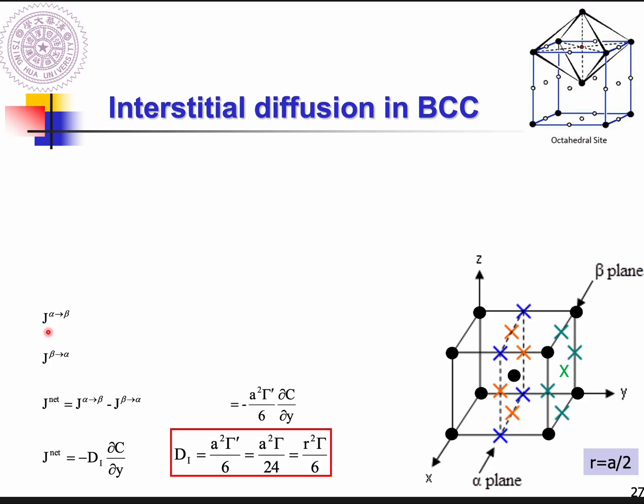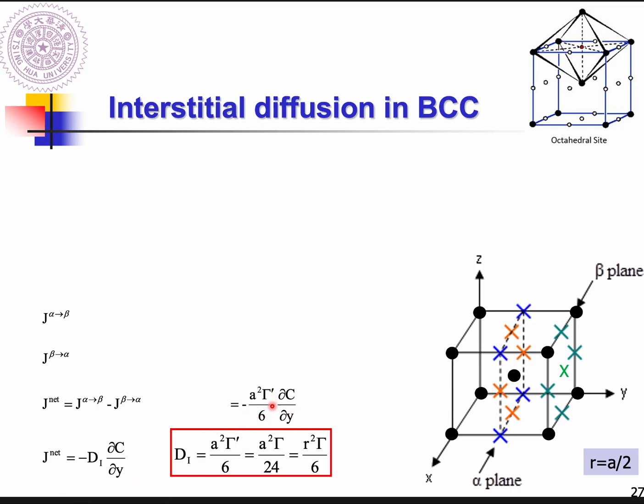If I can formulate the flux from alpha to beta and subtract the flux from beta to alpha, then I can get the net flux along the y-axis, J alpha-beta minus J beta-alpha. As long as I get this and express it in terms of the concentration gradient, partial C over partial y, I can compare these results with Fick's first law.